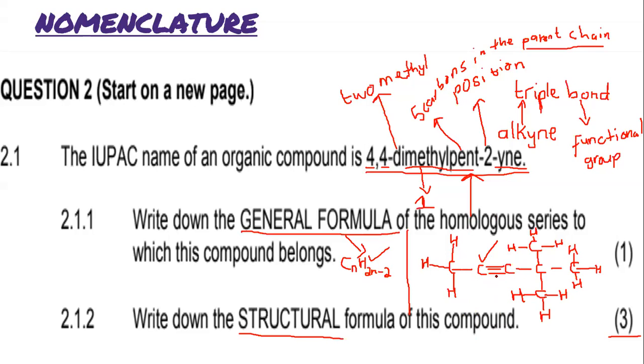So if I were to show the triple bond, but this carbon doesn't have the 4th bond and this carbon doesn't have the 4th bond, then I will forfeit the mark. And those are the mistakes that some of the learners are committing, and you don't get marks. Then the second mark is definitely for both substituents being present and being at the correct position. And the last mark is definitely for the entire structure being correct. And that is how you would easily get your 4 marks. Right, we continue.